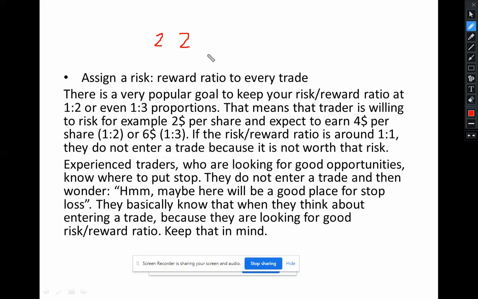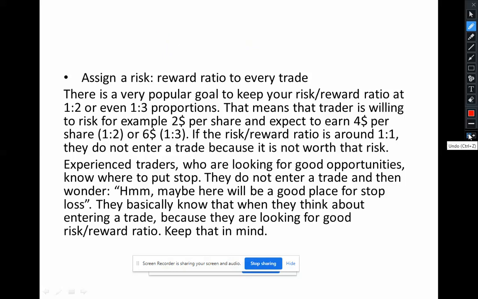You must always aim at risking $2 to gain $4, like 1:2, 1:3, 1:4. But for beginners, you should stick to 1:2, because if you leave the trade open to 1:3, the market might not move that far, if you don't know where to stop the trade.